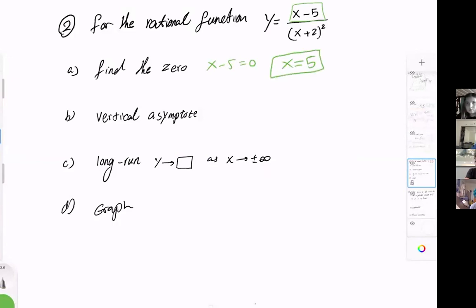What's the vertical asymptote? You have to look at the denominator. When the denominator is 0, x plus 2 equals 0, x equals negative 2. At x equals negative 2, we have a vertical asymptote.